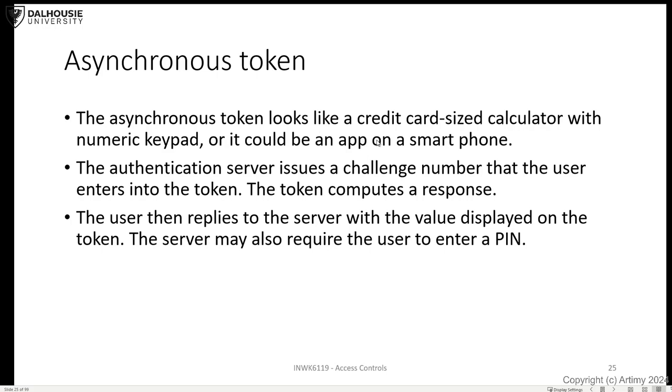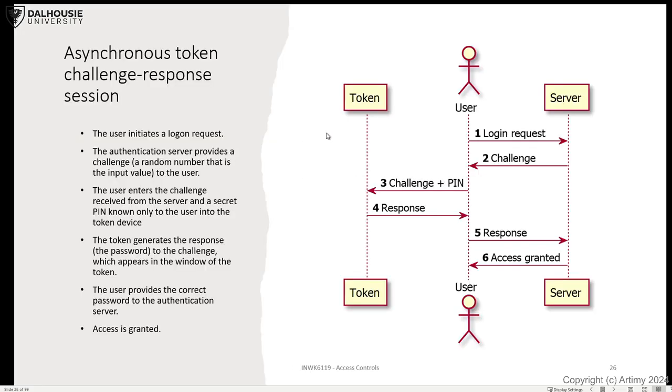Both token and server would use the same algorithm to encrypt numbers, with common keys in between, and there is no need for synchronization. So the user issues a login request, enters their username, and the server sends a challenge. The challenge will be a random number, right?